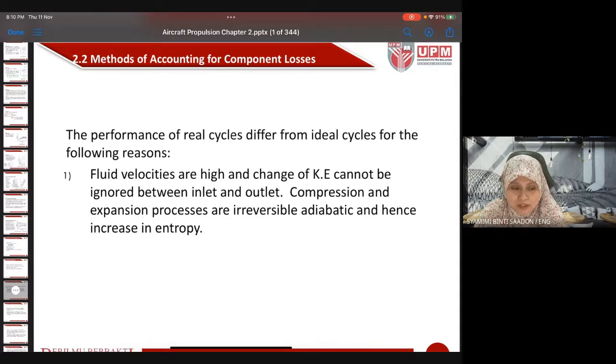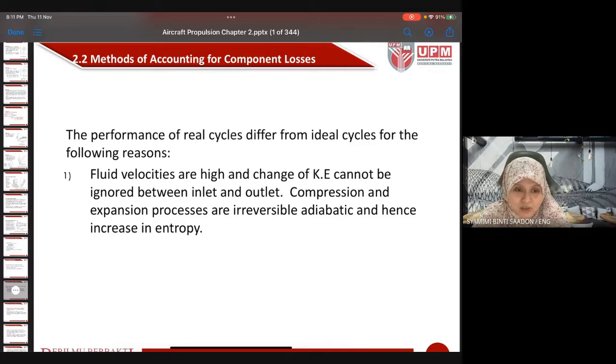It means that we assume the velocity of the working fluid, air, at the inlet and outlet of each component is more or less the same. But in reality there exists some portion of kinetic energy, meaning the difference of fluid velocity between inlet and outlet, and sometimes it cannot be totally ignored.